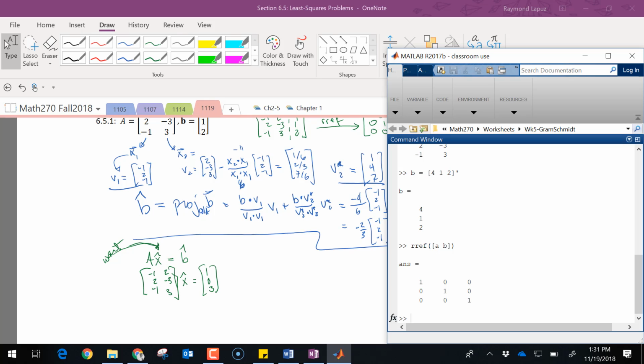Let's punch it in there. So let's say B hat is equal to 1, 0, 3. And so we do RREF on A and B hat. We get this.